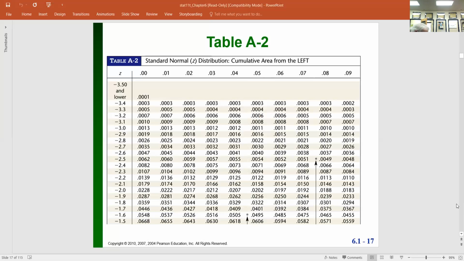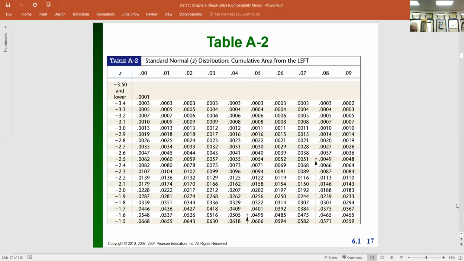So if we subtract those two, we're going to come up with a probability. Let's go to the calculator. 0.8413 minus 0.2514 equals 0.5899.